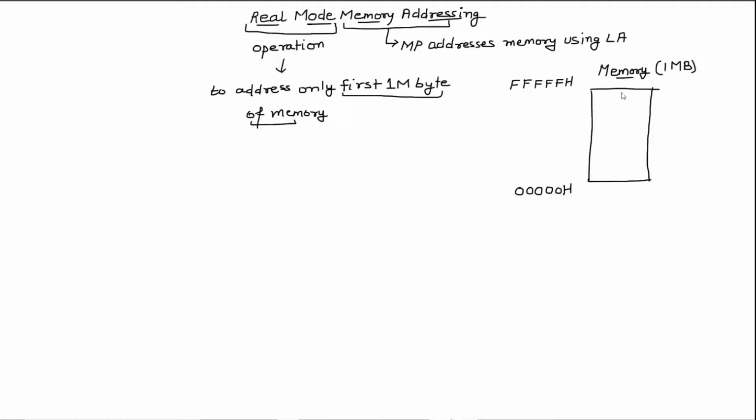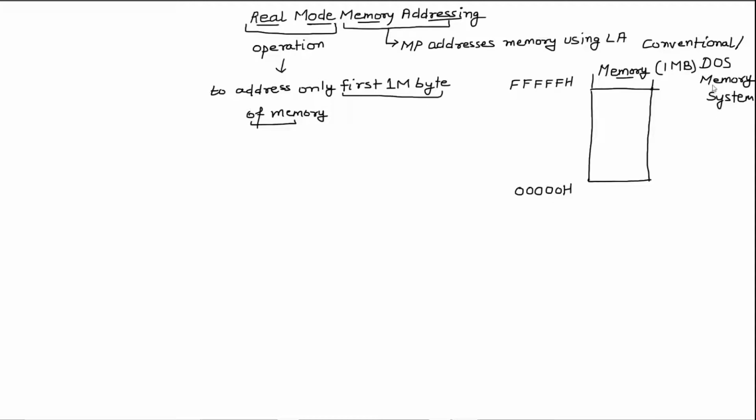And this 1 megabyte of memory space is also known as the conventional memory, or sometimes it is known as the DOS memory system. Now why DOS memory system?